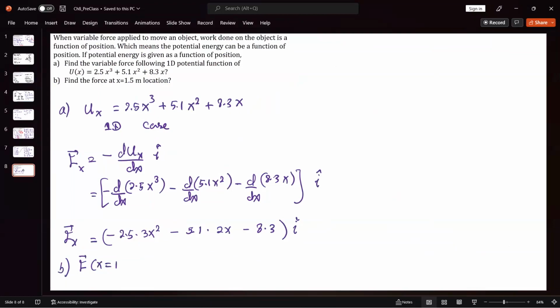Let's consider x equal to 1.5 meters. Substitute: negative 2.5 times 3 times 1.5 squared, then minus 5.1 times 2 times 1.5, minus 8.3, with the i hat unit in Newtons. If you simplify it, you will get a number in the i hat direction, in Newtons. That is the exact force value at that particular point.